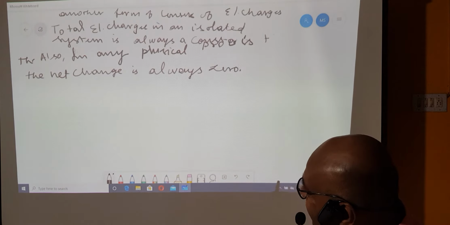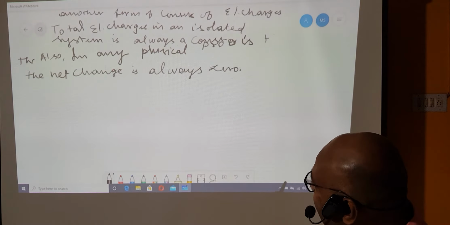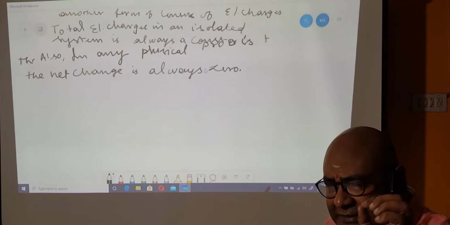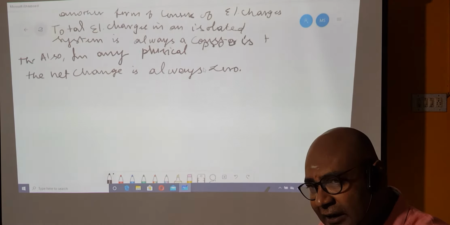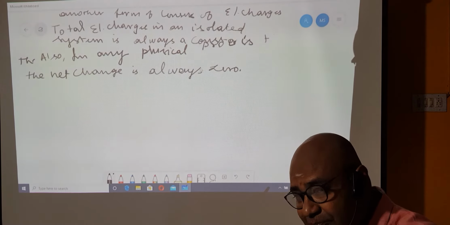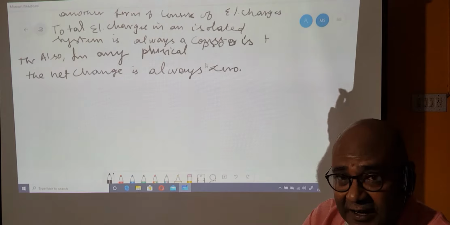So I am repeating: in any physical process, the net change is always zero. According to Benjamin Franklin, the charges can get transferred from one material to another while it is rubbed.